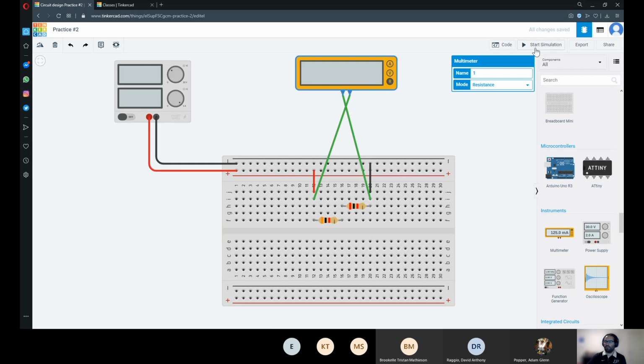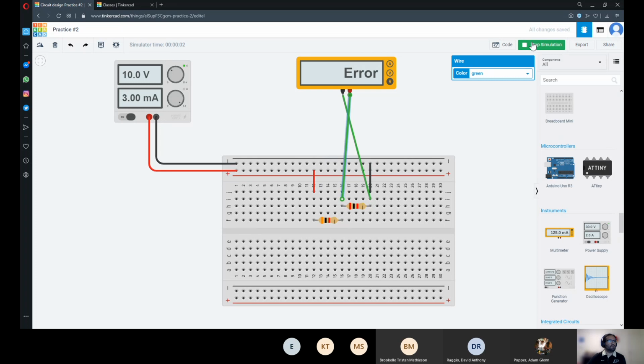Okay, I think most of you guys have done this part of the exercise. So let's take a look at the resistance. It's not exactly what I was expecting.